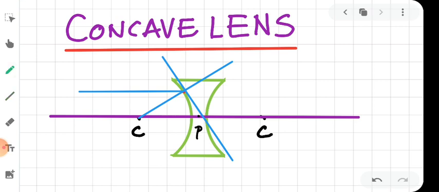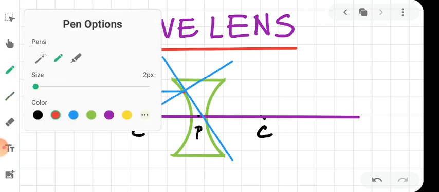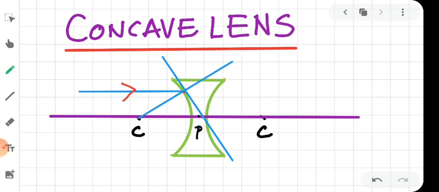Now what happens to the light ray? This is our light ray. So the incident light ray now suffers a deviation. Since this was our angle of incidence and this was our normal, and this is air outside, let's consider a glass lens.